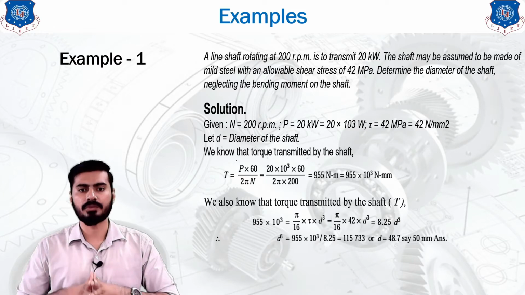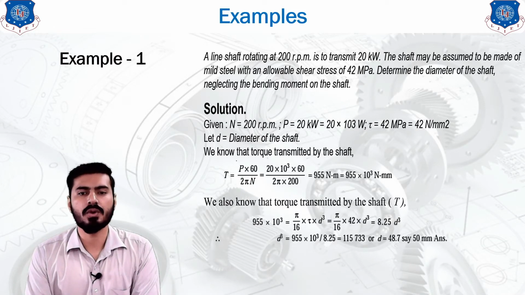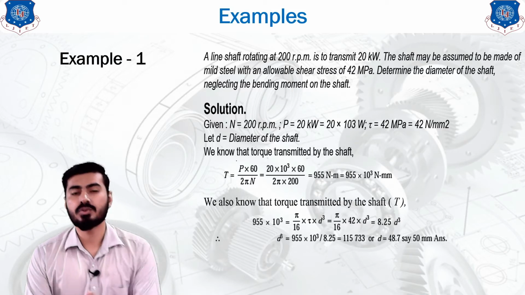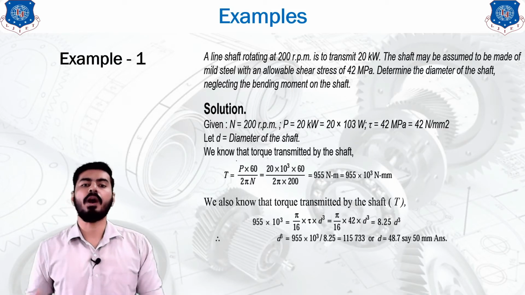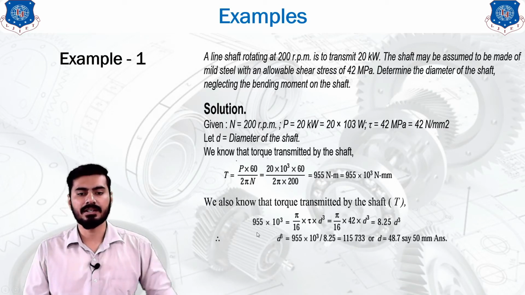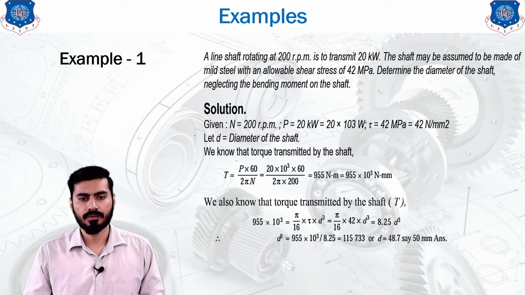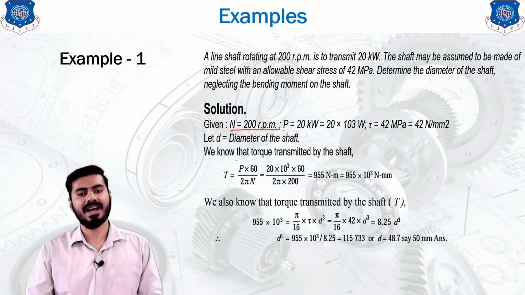on your screen, where you will see the data: a line shaft rotating at 200 RPM is to transmit 20 kilowatt. The RPM can be denoted by the notation N, so we have written N equals 200 RPM.